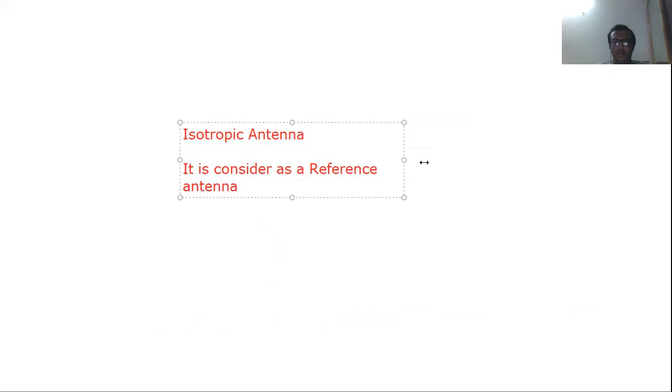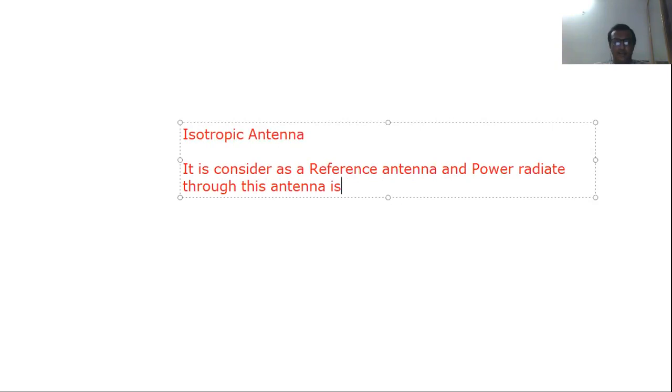Power radiates through this antenna, and it is considered as a reference antenna.